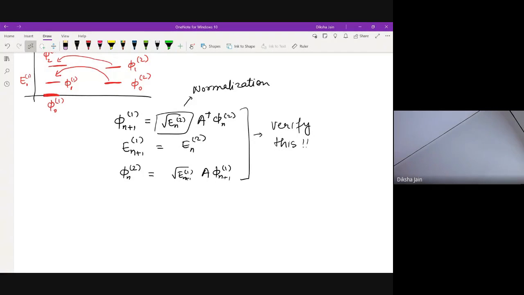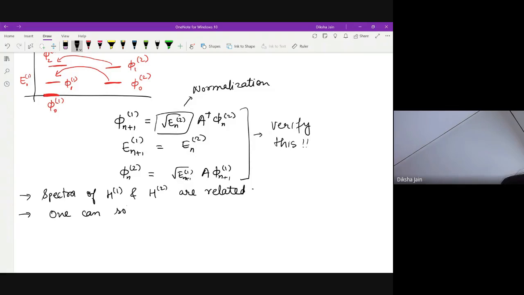So hence what we have shown, the spectra of H1 and H2 are related. Since the spectra of H1 and H2 are related, one can solve for a difficult Hamiltonian H1 by just solving for H2.